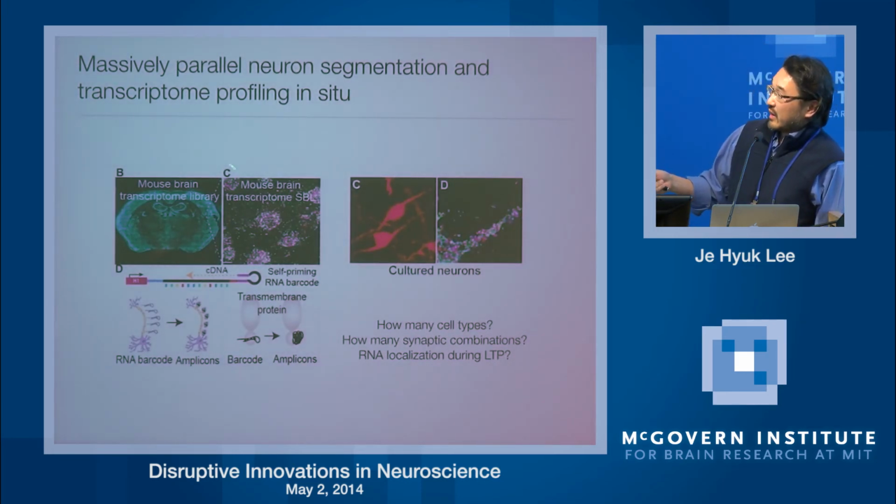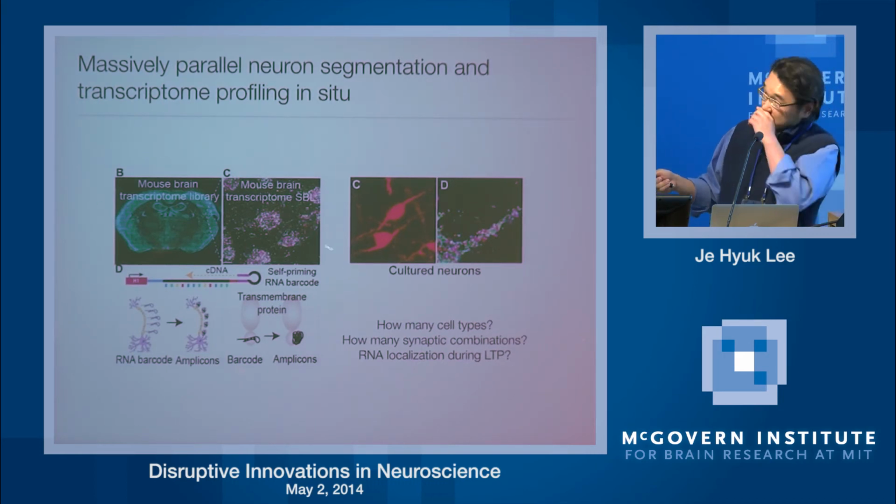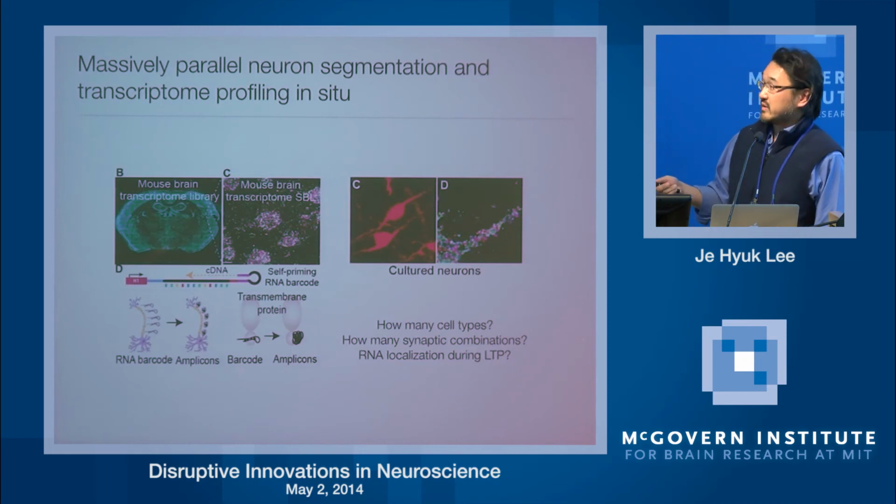So again, with Tony Zador and Ed Boyden, we're doing massively parallel neuron cell type segmentation and transcriptome profiling in situ experiments. Reza Kalhor just did a 33-round sequencing reaction on a brain tissue slice, and it looks fantastic, and hopefully he'll get his paper wrapped up very soon.